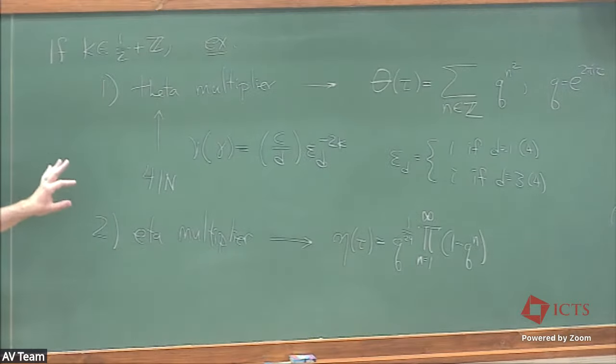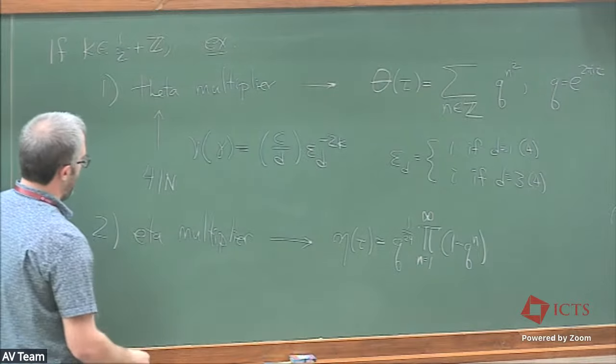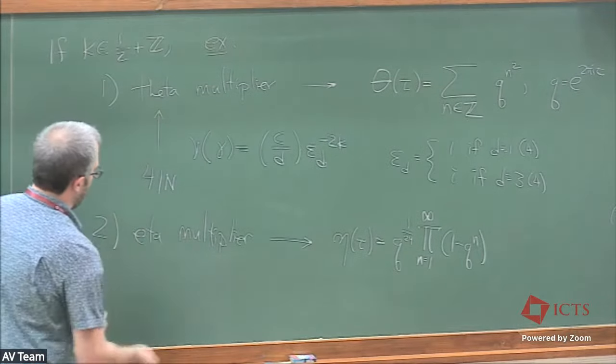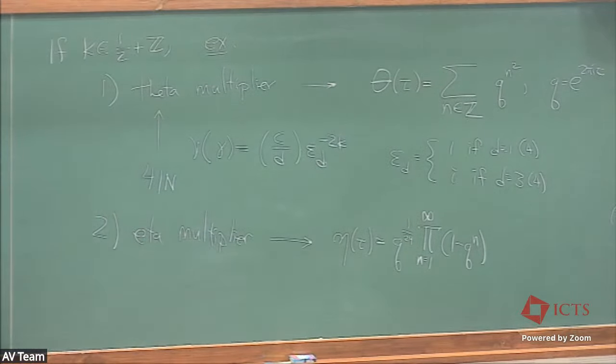We'll talk a lot more about that later, not so much today. But this is a multiplier on SL2(Z), and therefore on every congruence subgroup of SL2(Z). I'm not going to give you the definition of it because, to be honest, it wouldn't really help anything. It's just sort of complicated, and I'm not going to write it down. But you can look at it. We might talk about the eta multiplier maybe on Wednesday or Thursday, but not today.